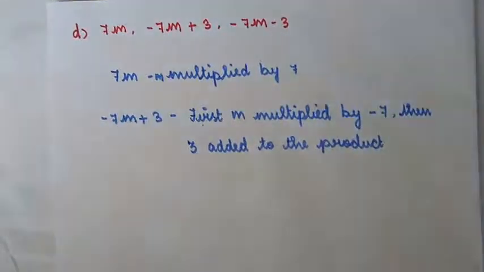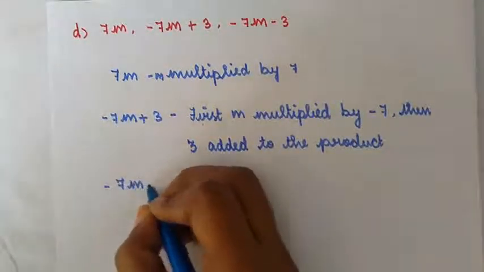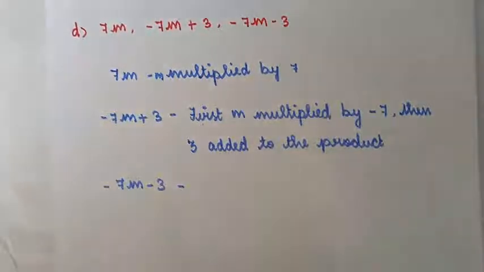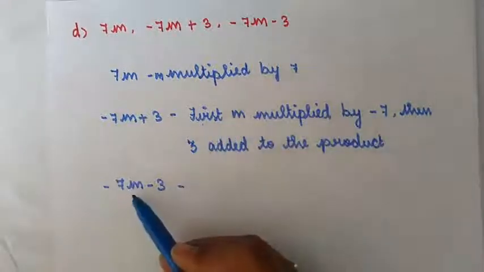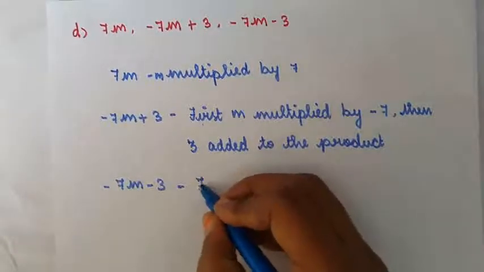Let me take the third term, minus 7m minus 3. This is also the same. First we have to multiply m by minus 7.